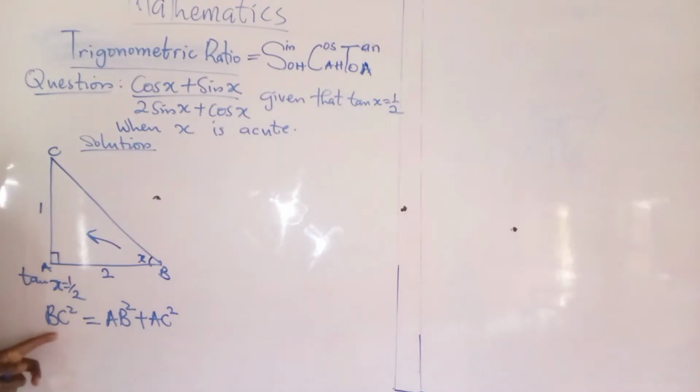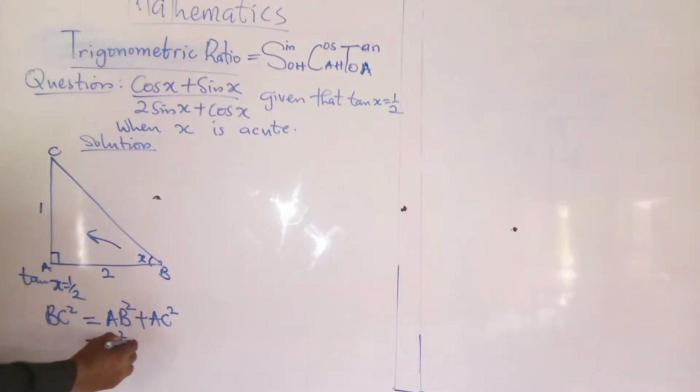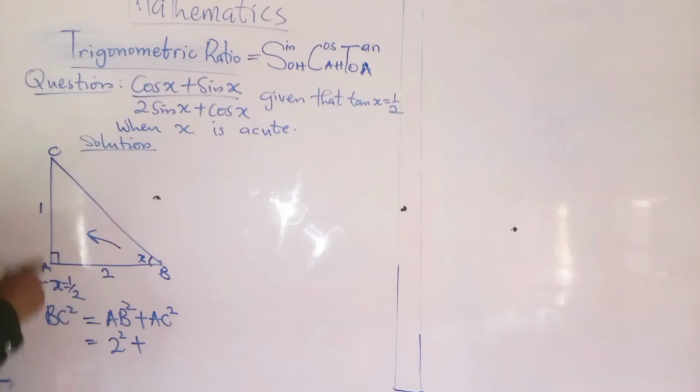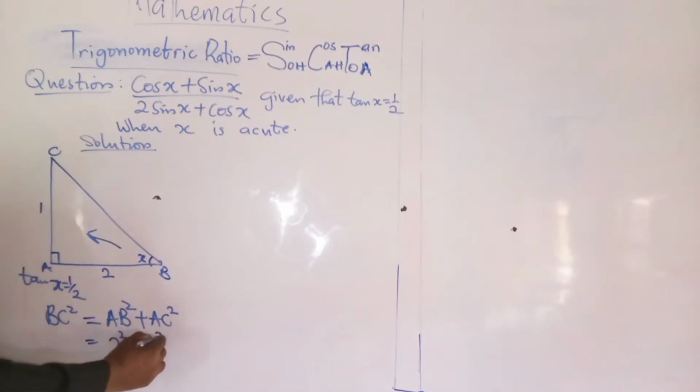In solving this, we now substitute the values of line AC and line AB. We have AB is 2 squared plus line AC is 1 squared.